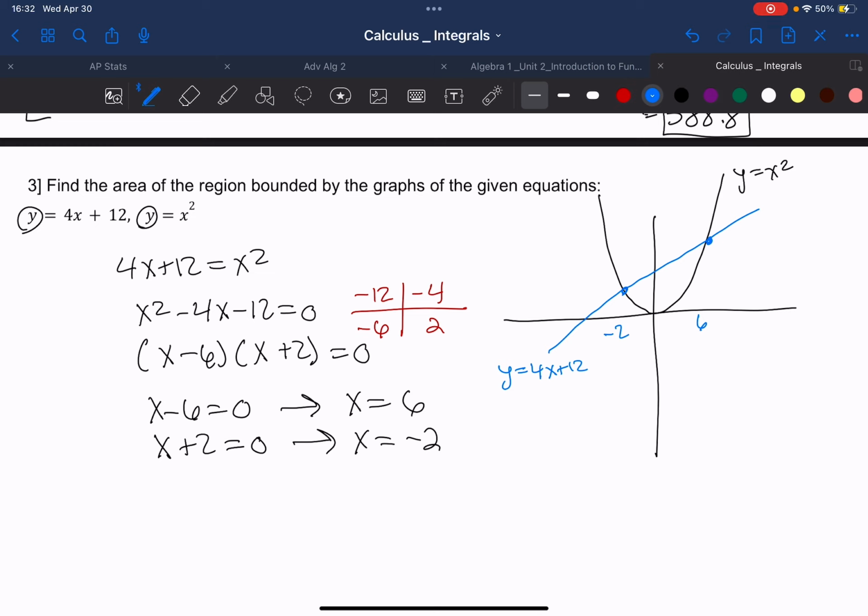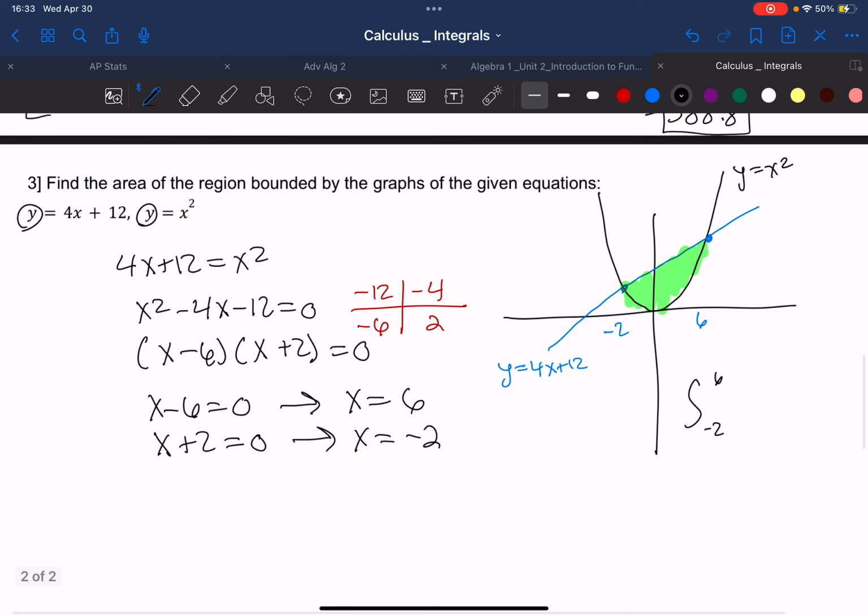Notice that it wants us to find the area between these. So in order to do that, I have to acknowledge that the linear equation is on top of the quadratic equation for the boundaries -2 to 6, which means when I set up my integral, it would be the integral from -2 to 6, and I would take the linear function, okay, and then subtract the quadratic function.